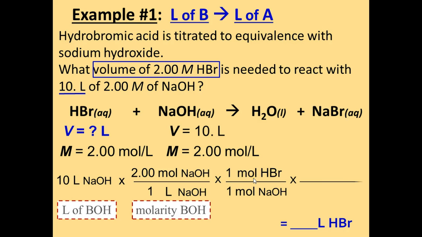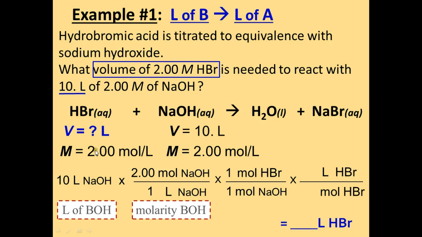And then we want to convert from moles of HBr to liters of HBr, and that'll be the final step. So when we do molarity, because we want to go from moles to liters, we put liters on the top this time because we want to end in liters, and the molarity is always given, and so the molarity happens to be 2, just like this one.